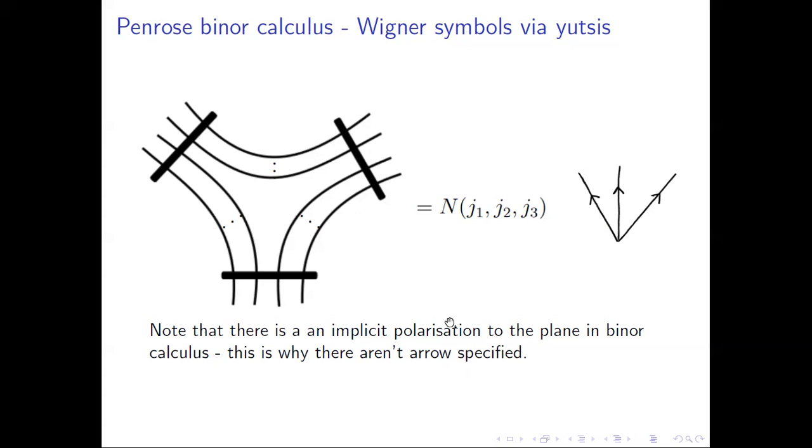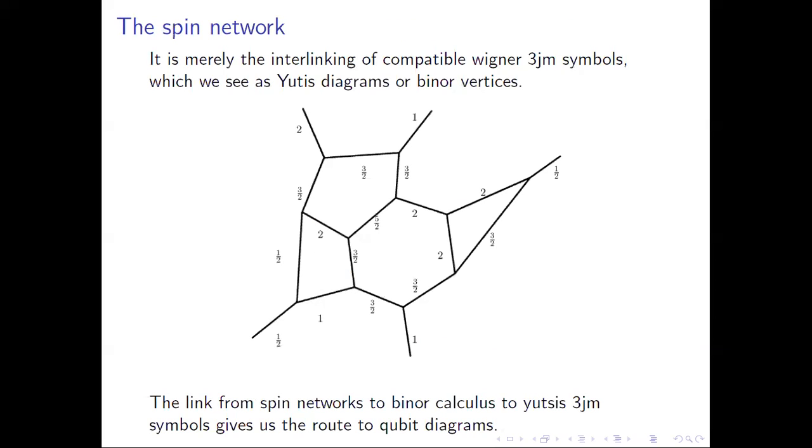Okay, so now we've got our Yutsis diagrams on the right, and we've got these binor calculus relations on the left, which break down into qubit spin half wires. That's very key for us. That's sort of our way in. Now, how does this relate to spin networks? Spin networks you can see in a couple of ways. You can view them as the binor calculus seen from a distance.